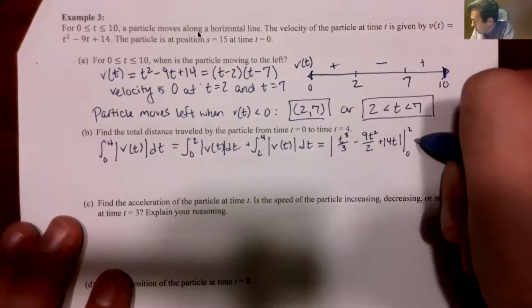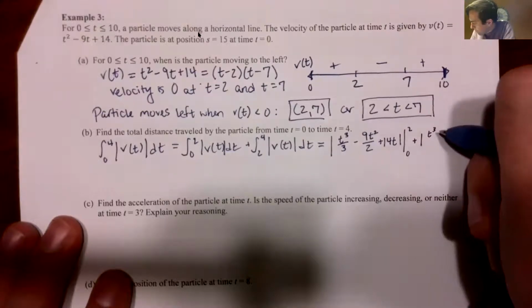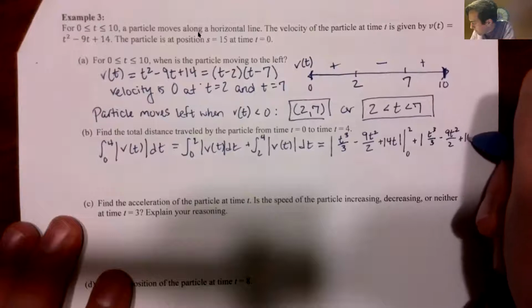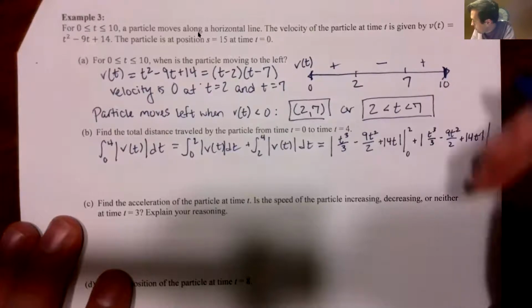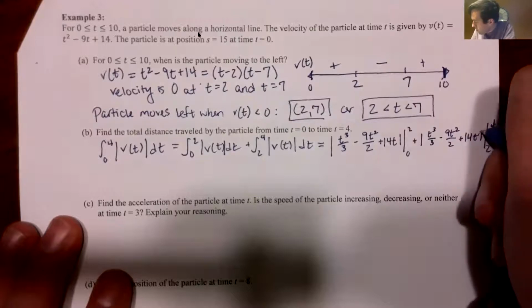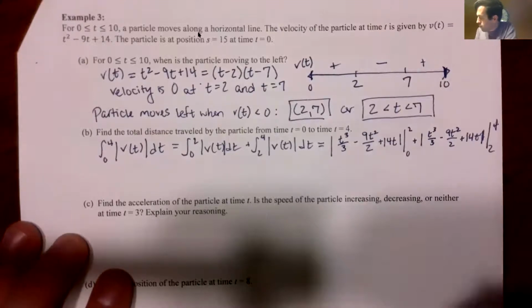And we have to do the same thing again, from 2 to 4. That is a 14t. Just my pen stayed on the page a little extra, but we'll keep going.